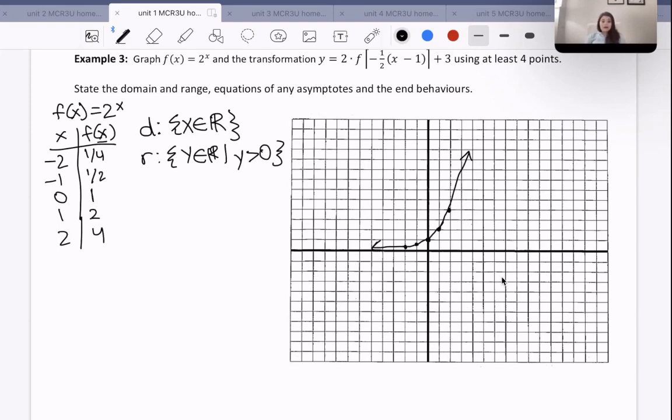But there is no way to put any x value in here and end up with f of x being a negative number, right? Because it's not negative 2 to the power of something, it's positive 2 to the power of something, and positive 2 to any power, even a negative power, will always get us something strictly positive. Now, we can get close to 0, but we can never actually get to 0, and we can certainly never get past 0 into the negative. And that's why the range is only this.